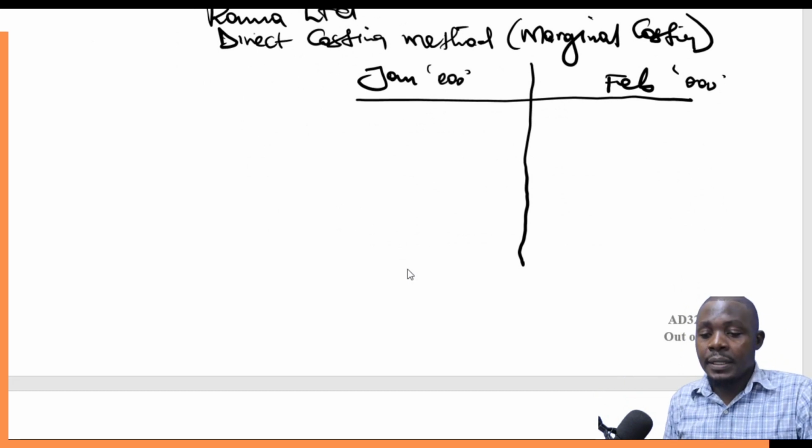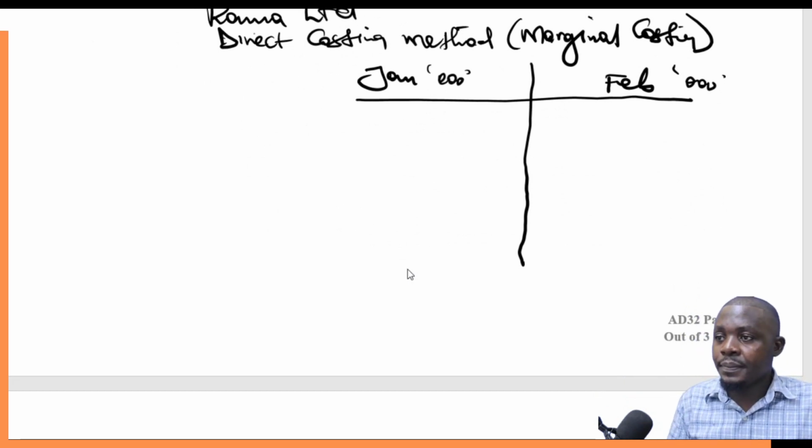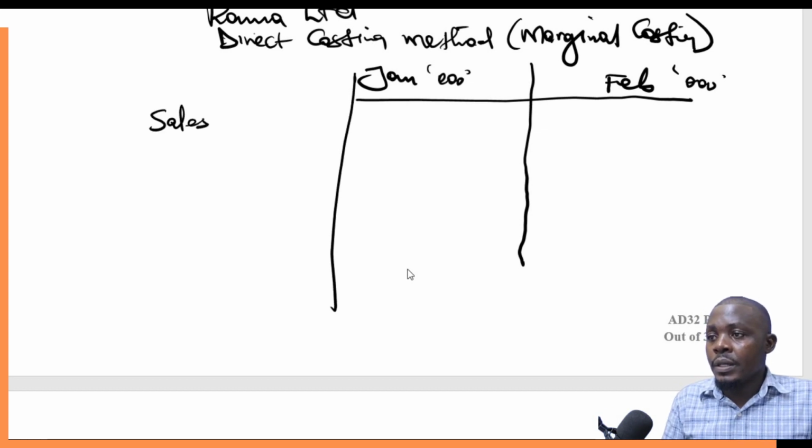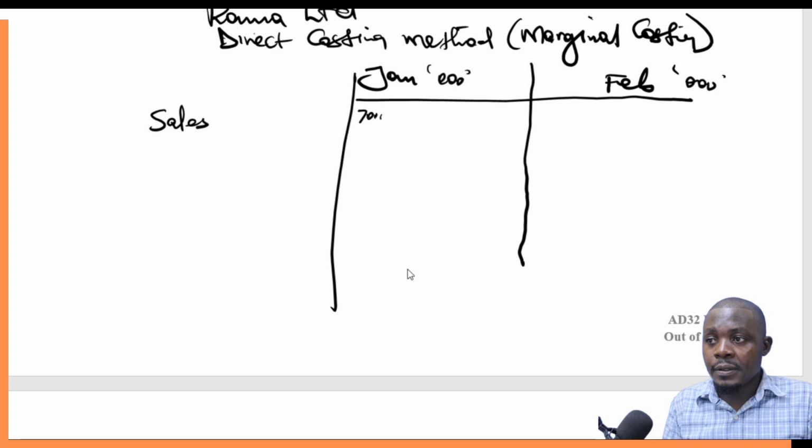We start with the sales. How many were sold? We had 7,000 that were sold, and the sale price is 45. In that case, we have 7 multiplied by 45.